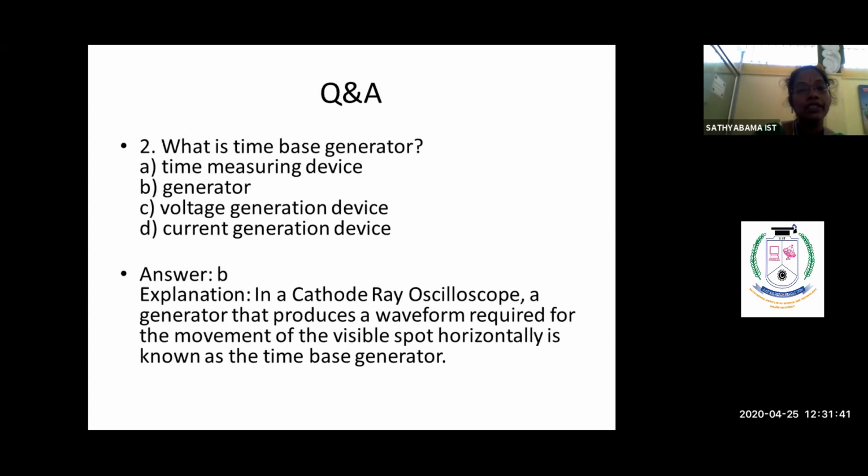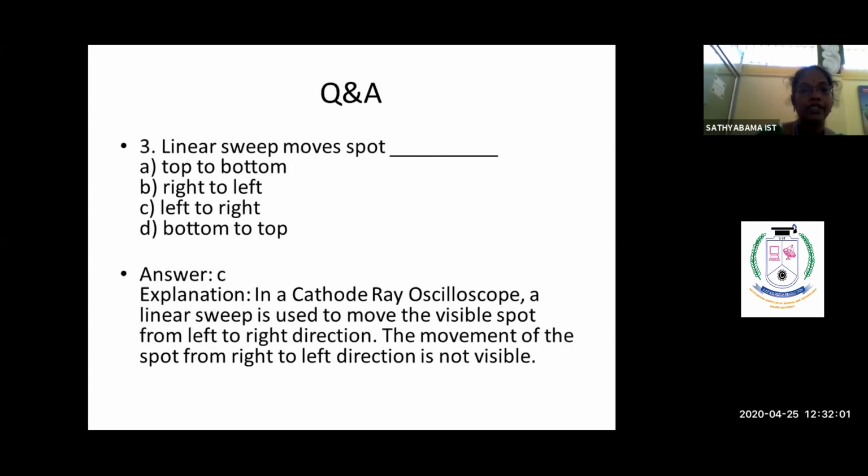So what is a time-based generator? Here you have four options: time measuring device, generator, voltage generating device, and current generation device. Though you have four options, the answer is generator, because in CRO, a generator that provides a waveform for the movement of the visible spot horizontally is known as the time-based generator.